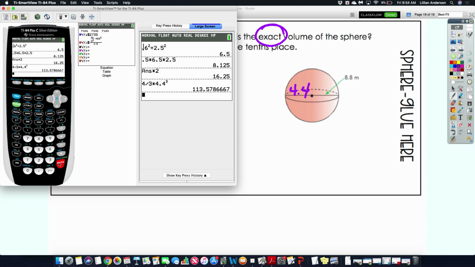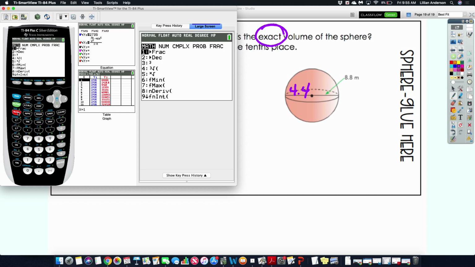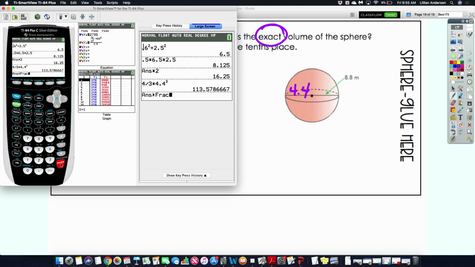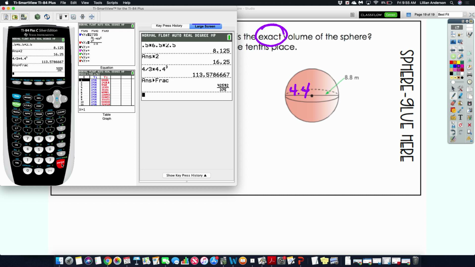So y'all got this decimal, right? I never showed you guys? Didn't we have calculator 101 one day? Yeah, you go to math and then you go to fraction, enter, and it converts it to a fraction. I didn't do that in calculator 101 with y'all?